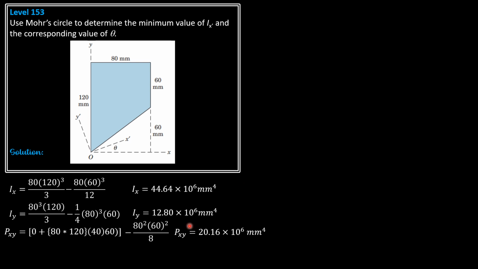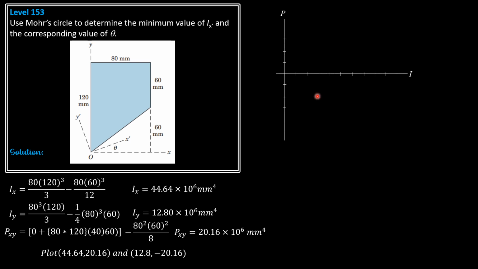We then plot Ix comma product of inertia. We just remove the 10 to the 6 and put it back later for our final answer. So plot 44.64 comma 20.16, and the other point would be 12.8 comma negative 20.16. So let's have the principal and the product of inertia axes.